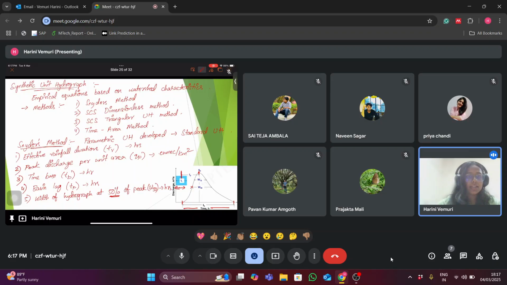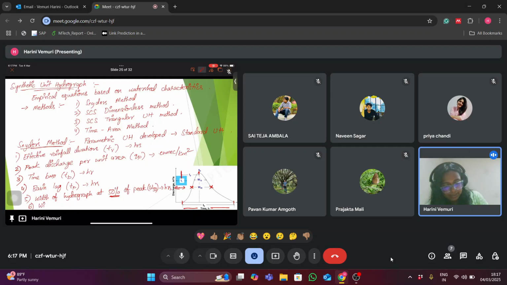We can see that it lies on both sides of the peak, on the left-hand side and right-hand side. So this width, this time interval between these 2 points, is called the width of the hydrograph at 50% of the peak.